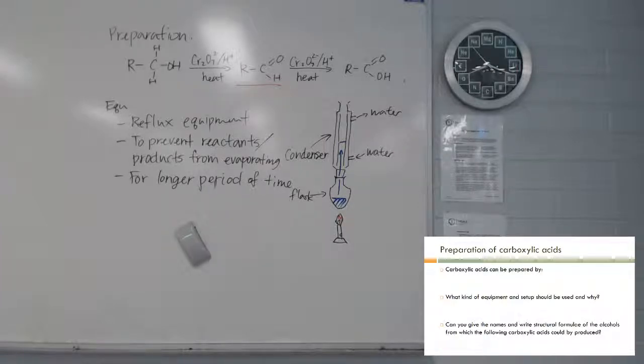So, the third point there. Can you give the names and structural formula of alcohols from which following carboxylic acid could be produced?